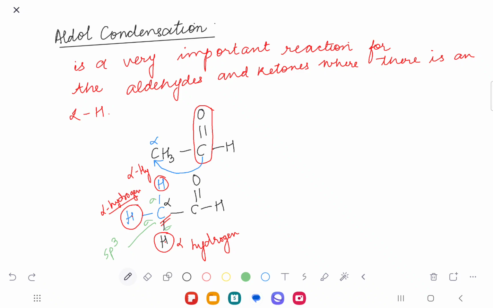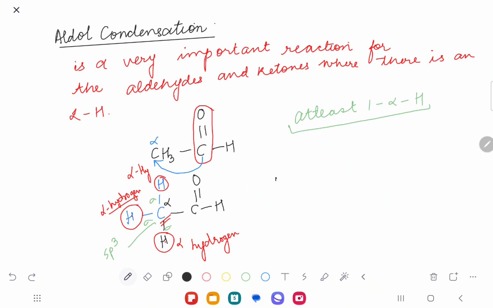And we need to have at least one alpha hydrogen. Only then could aldol condensation be done.